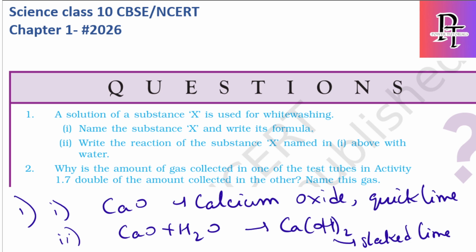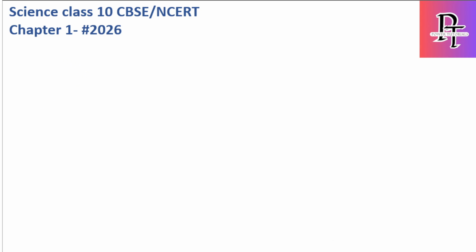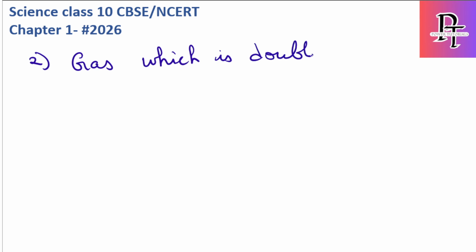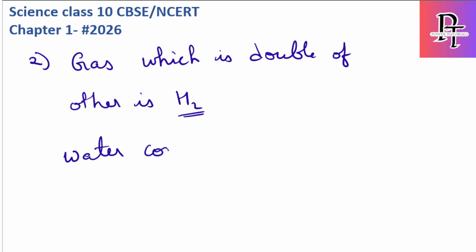The gas which is double the other is hydrogen gas. Why? Because water contains 2 hydrogen and 1 oxygen by volume.